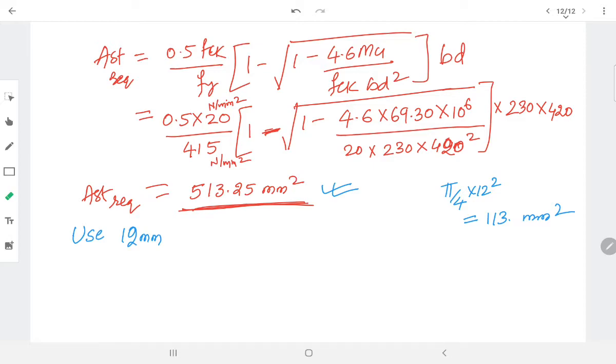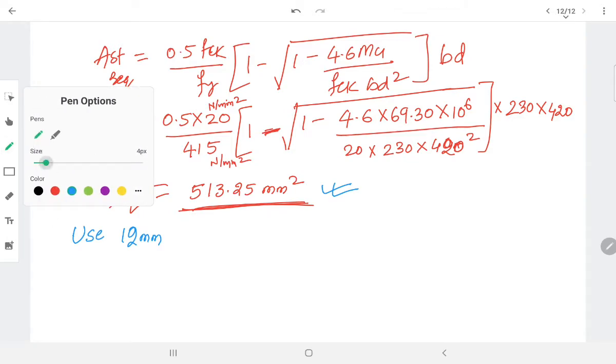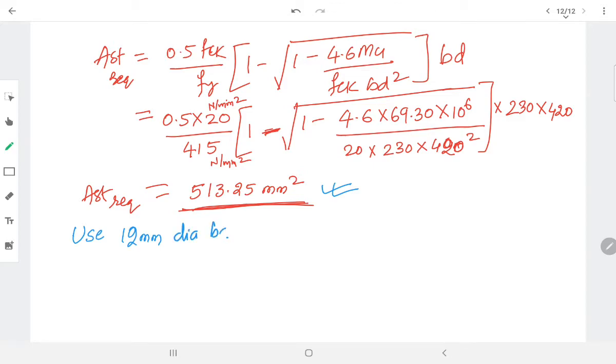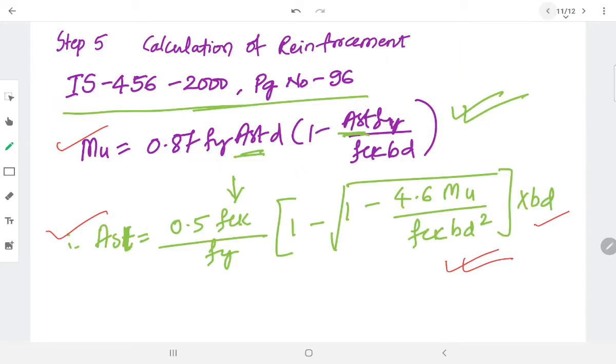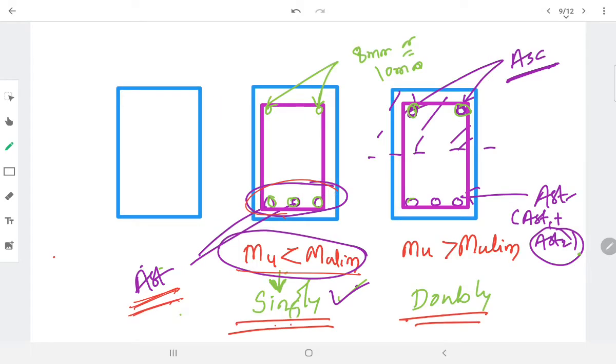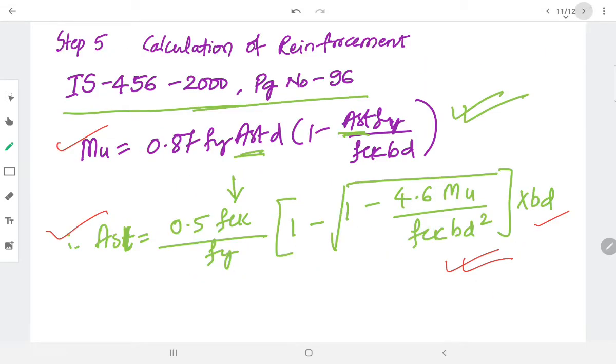Okay, so here I'll not be going for 10 mm, because if you take 10 mm the number of bars may be more. So to avoid that, I'll be going for 12 mm dia bars in the beam, at bottom. So here I am going to provide 12 mm dia bars.